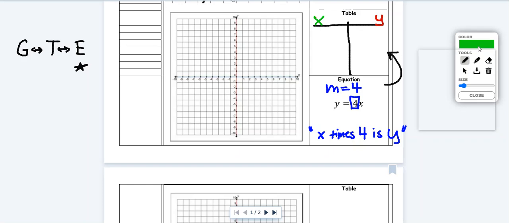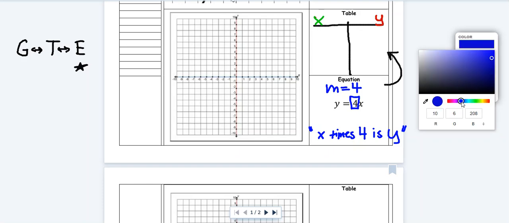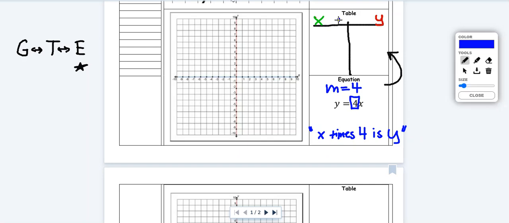And you're like, but I don't have any numbers to work with. That's right. But the good news is that it doesn't matter what number we have. You can think of x as whatever number we put in, and then we apply this relationship of times 4, and we'll get out our y.